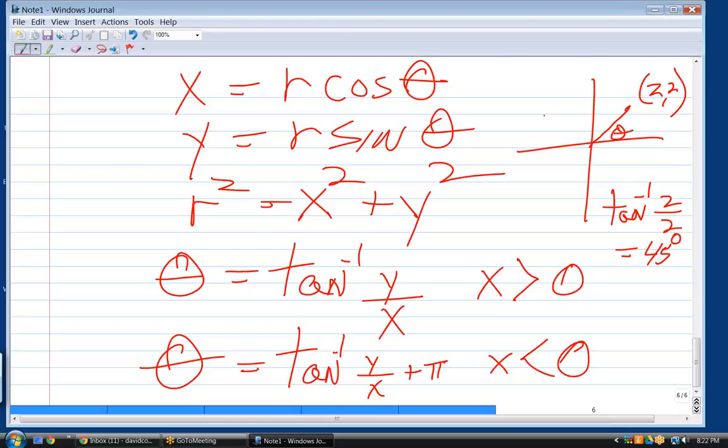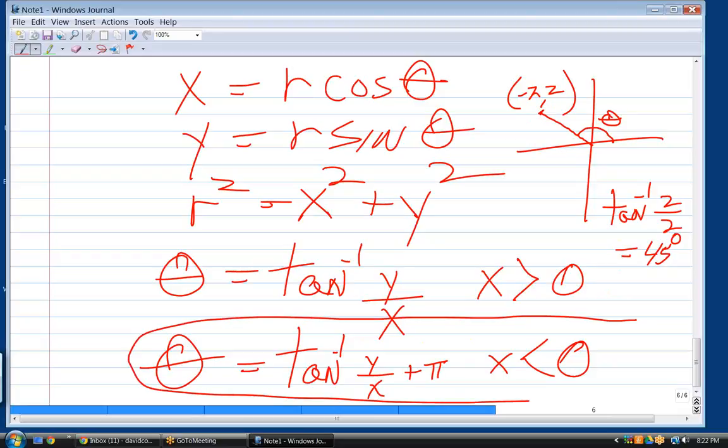Let's make x negative, so that the coordinates are now negative 2, 2. Well, what is theta? Now x is negative, so it's this one down here. It's not whether that quotient is negative, it's just x. We don't care what y is.